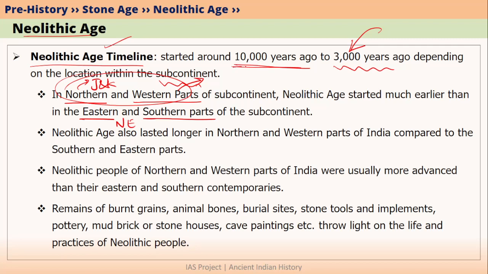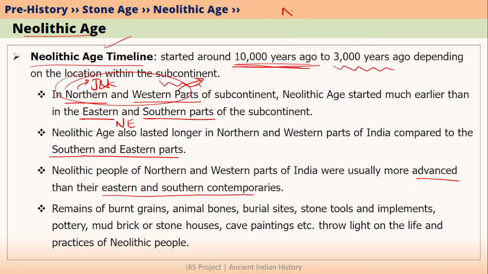So, Neolithic Age in northern and western parts of subcontinent started earlier. This meant that in these regions, the Neolithic Age also lasted longer compared to southern or eastern parts of subcontinent. As these people started Neolithic Age earlier, they were relatively more advanced compared to their eastern and southern contemporaries also.